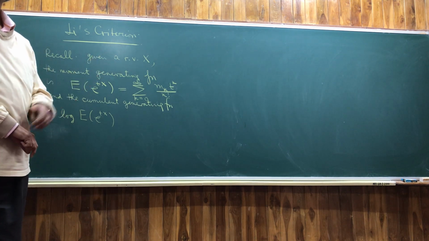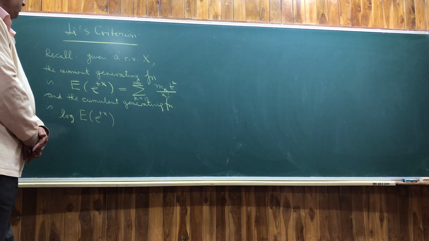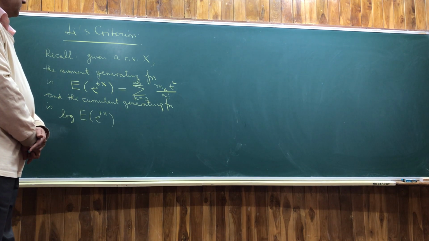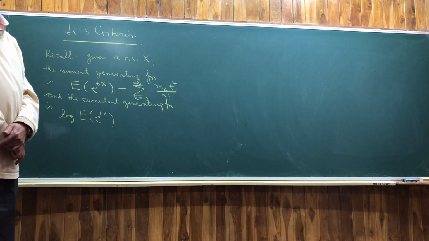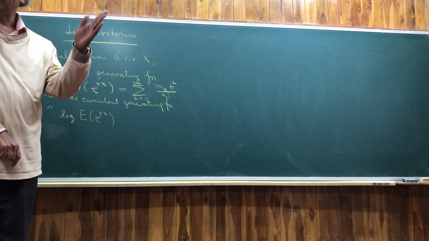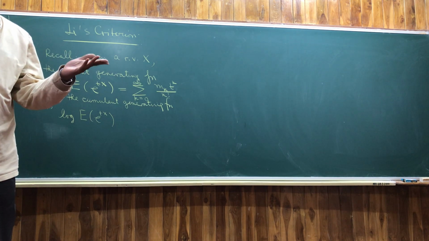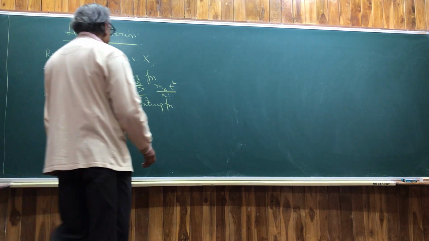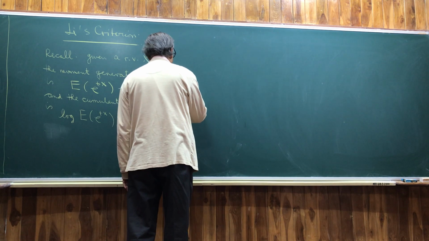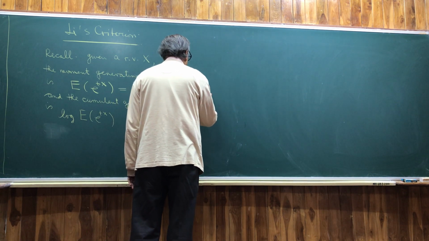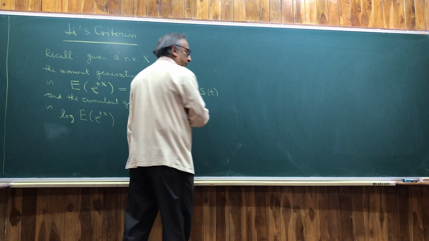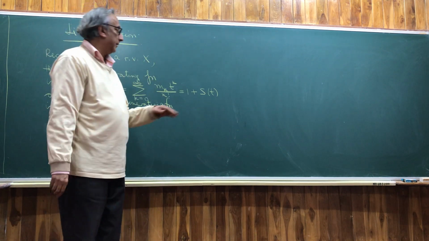The zeroth moment is the expectation of X to the power 0, which integrates the density function, but that's 1. So m0 is 1, and this can be written as 1 plus s of t, the higher powers.